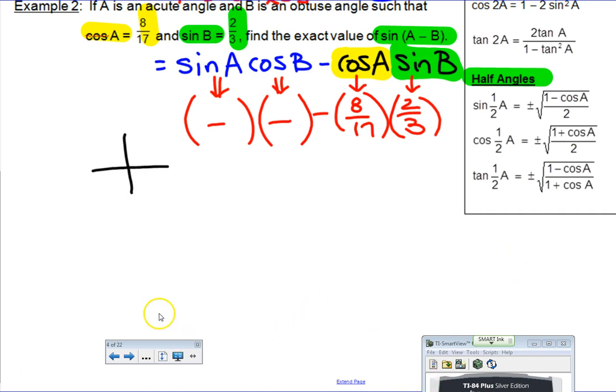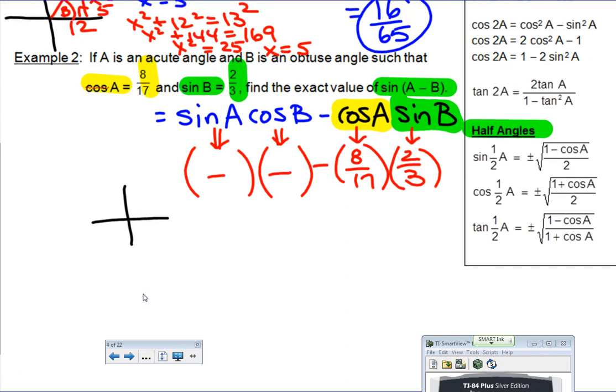So what I need to know right now is where am I? I know that angle A is a positive acute angle, so that means A is in quadrant 1. I'm going to draw an angle in quadrant 1, and there's my A angle. I know that the A side is 8 and the H side is 17. So I'm missing this side.